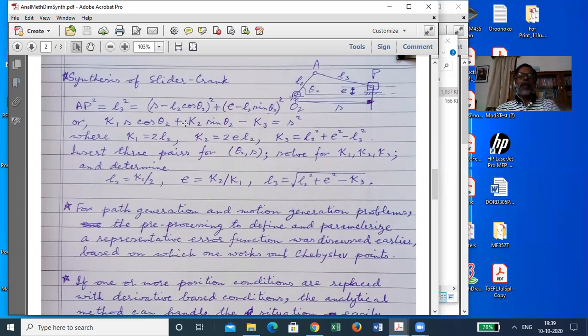So that is why S and E here, and these two are coordinates of point A. And when you organize this, now here you see you don't get ratios, because K1, K2, K3 are not ratios, they are quantities with linear dimension.